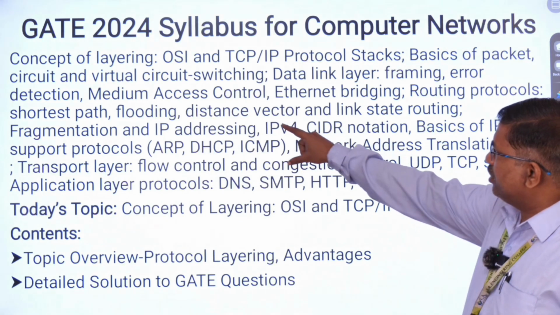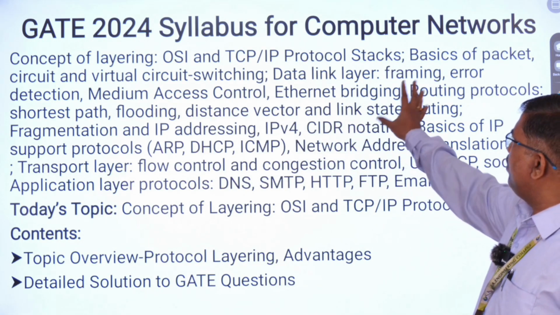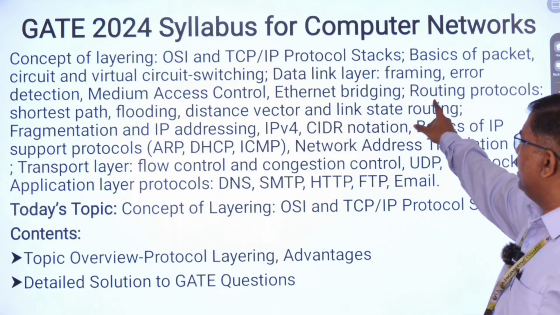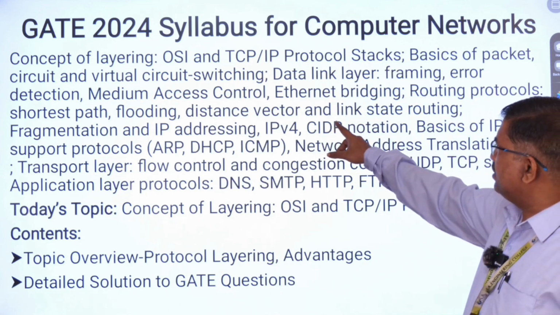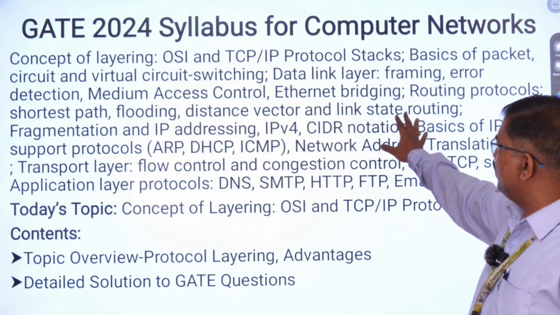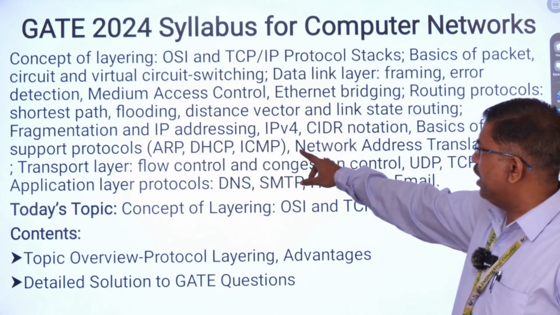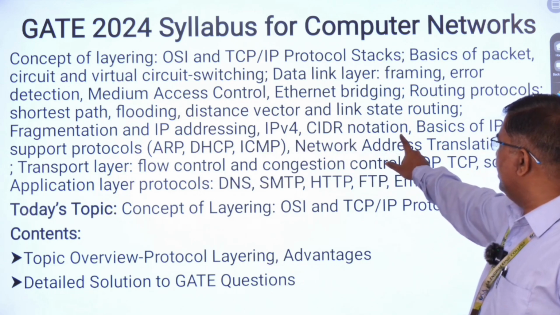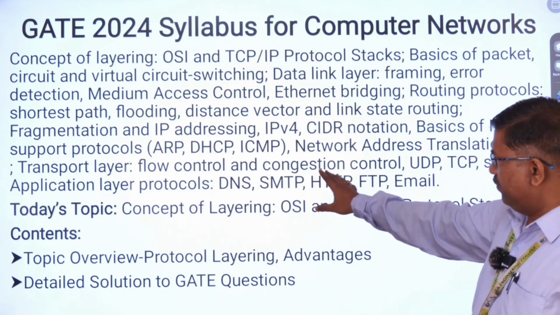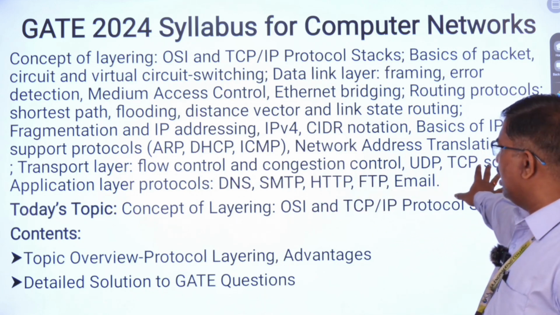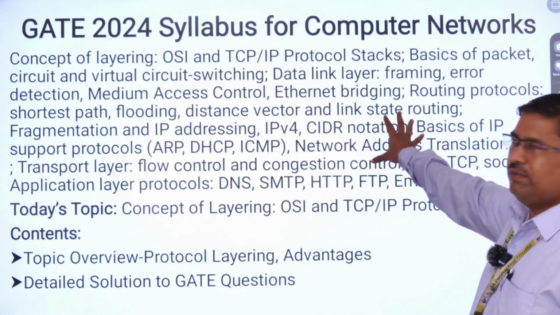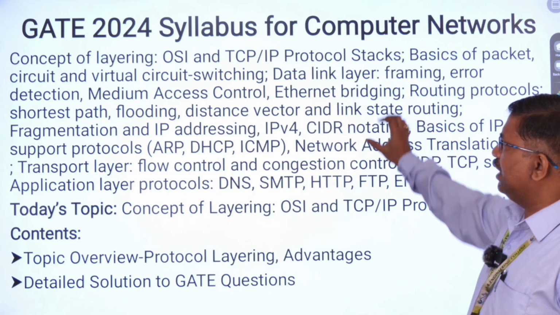This covers the concept of layering, OSI and TCP/IP protocol stacks, basics of packet, circuit and virtual circuit switching, data link layer, framing, error detection, medium access control, Ethernet bridging, routing protocols, shortest path, flooding, distance vector, link state routing, fragmentation and IP addressing, IPv4, CIDR notation, basics of IP support protocols, network address translation, transport layer flow control and congestion control, UDP, TCP sockets, and application layer protocols. These are the syllabus for computer networks for GATE 2024.